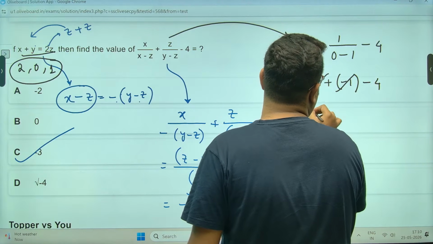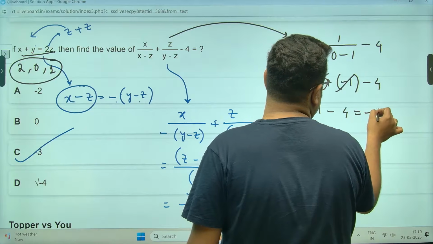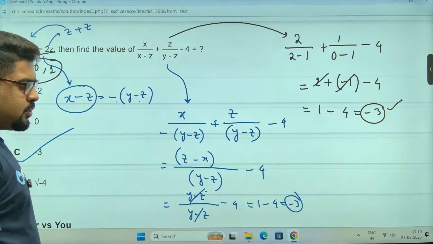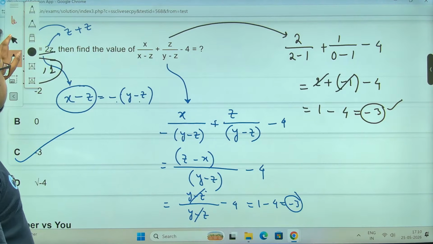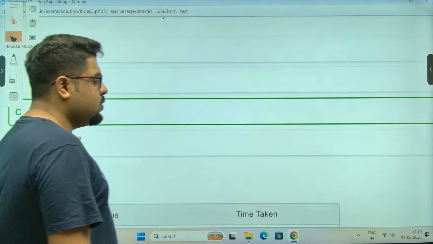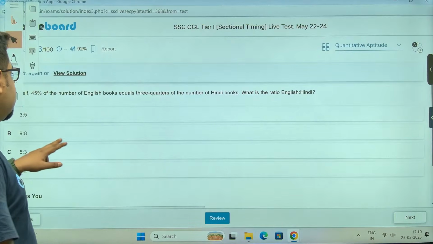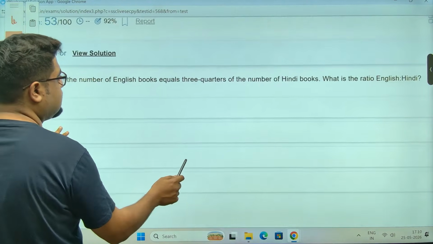This is plus 1 minus 4, which is minus 3. So both ways you see we are getting the same answer. Whichever method you prefer, I have given you both the methods.